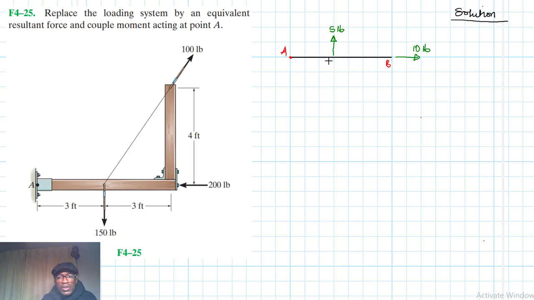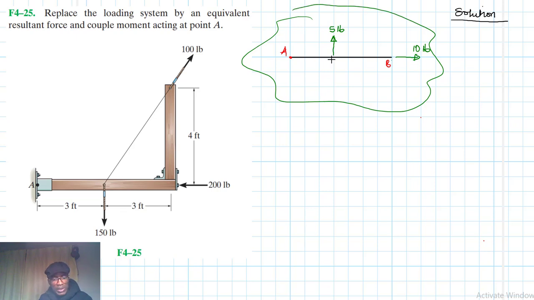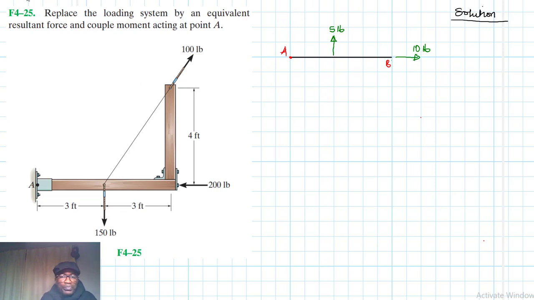Imagine we are being asked to replace the loading system by an equivalent force and couple moment at A. This is what I want to explain, and this is what we're going to do in the other problem. Ideally, we need to rewrite these forces about point A. Let's call this force 1 and this force 2.